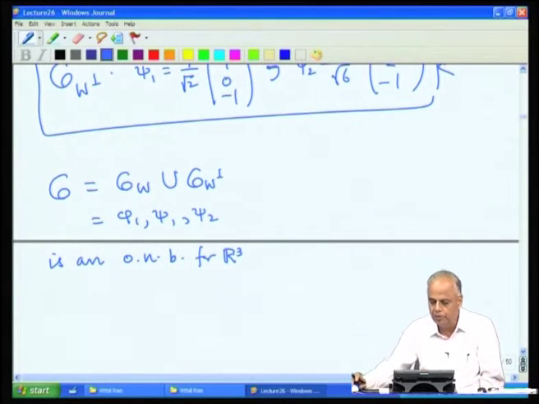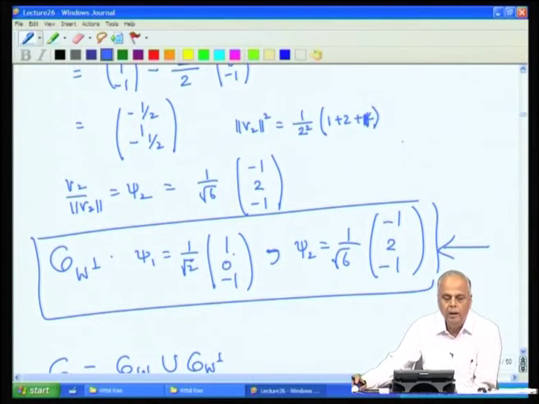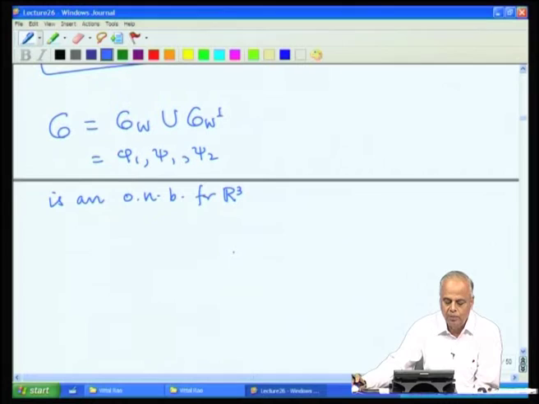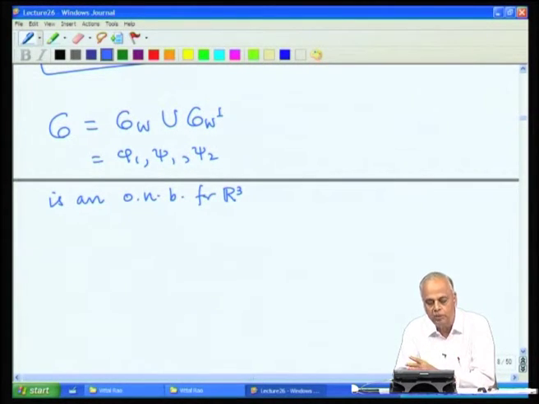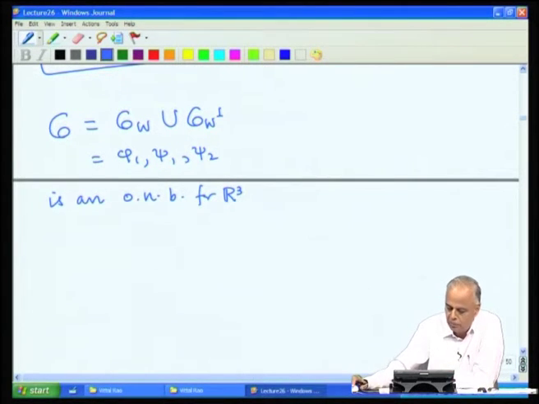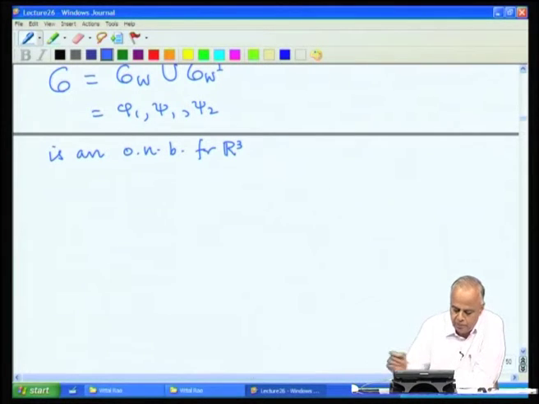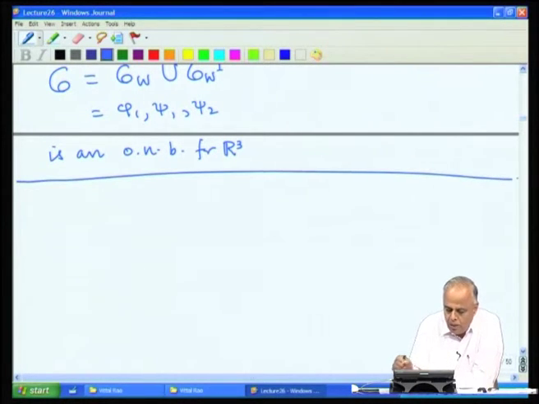It is easy to check they are orthonormal, and there are 3 vectors, and therefore, they will form an orthonormal basis. Thus, we see that if you put together an orthonormal basis for W and an orthonormal basis for W perp, you always end up with an orthonormal basis for the whole space. Now, let us take any vector x.